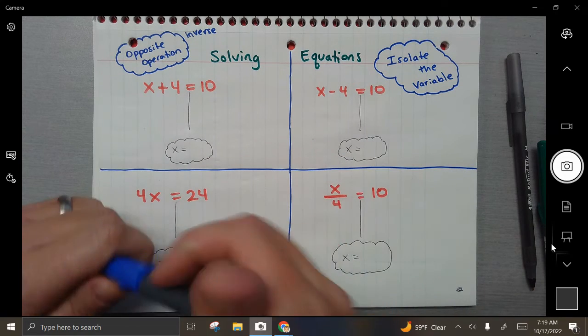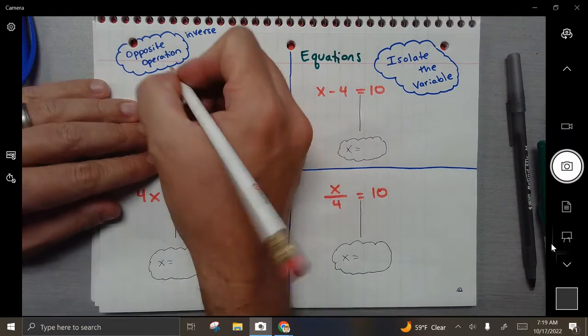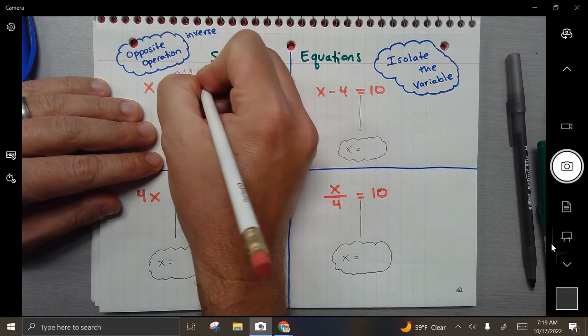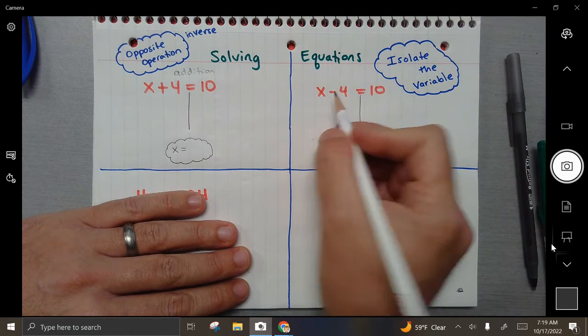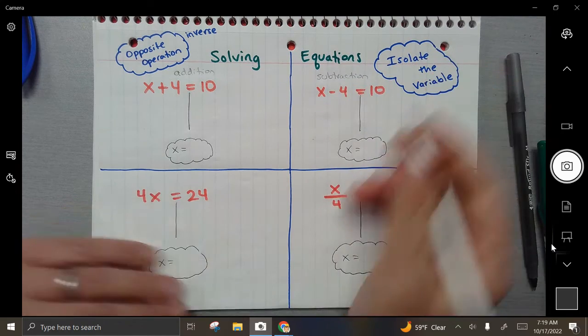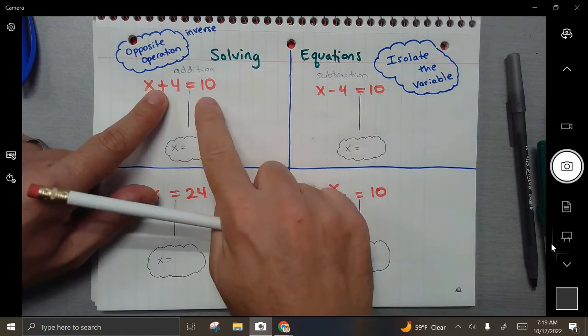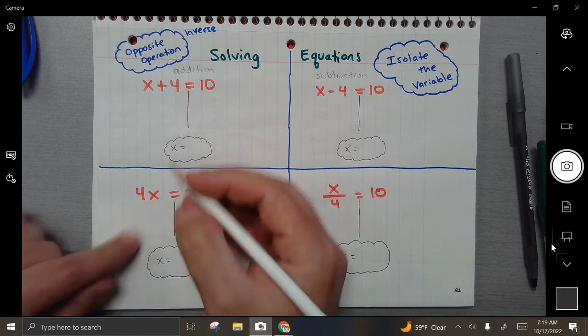This one is an addition. I'm going to put that up here in pencil. Addition, that's plus 4. This one is a subtraction. This one, 4 and x right next to each other.